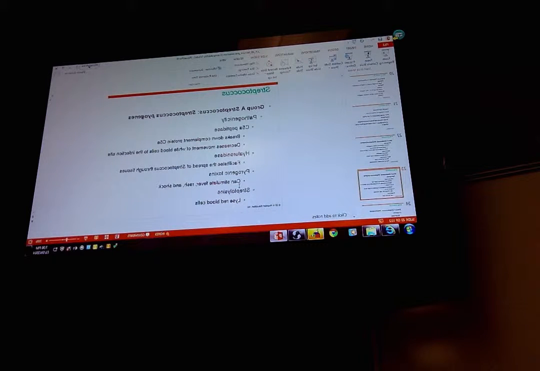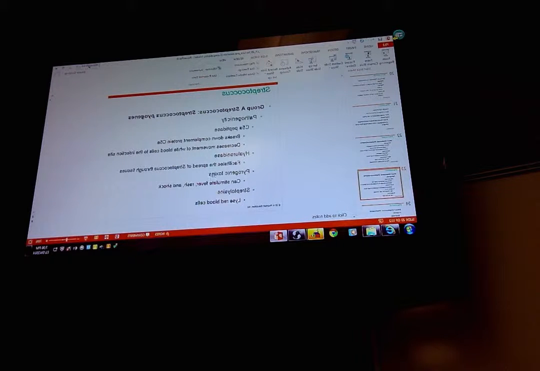So here we have 4 items. What C5a peptidase does. This one is redundant. We've already talked about hyaluronidase.